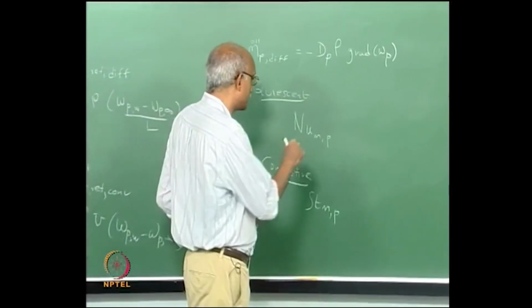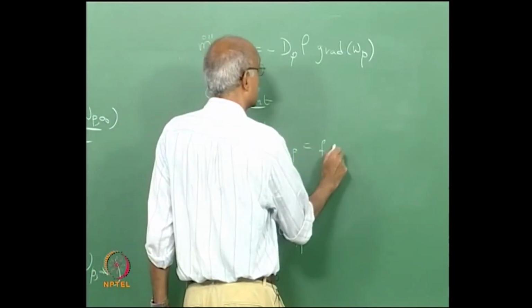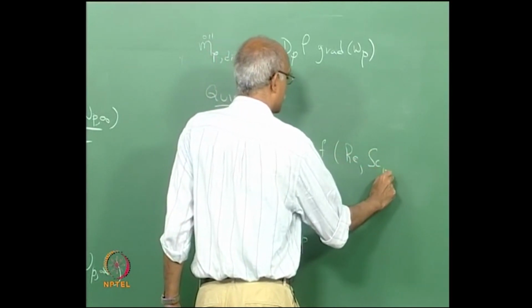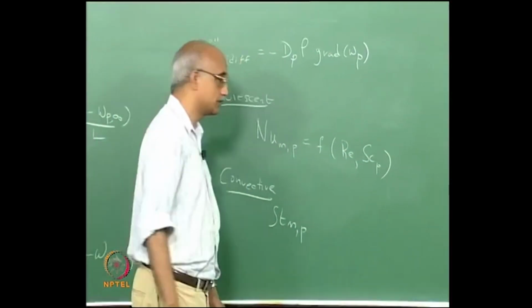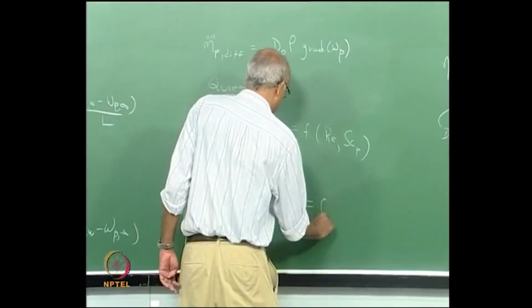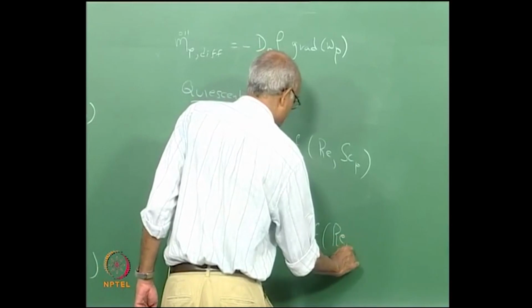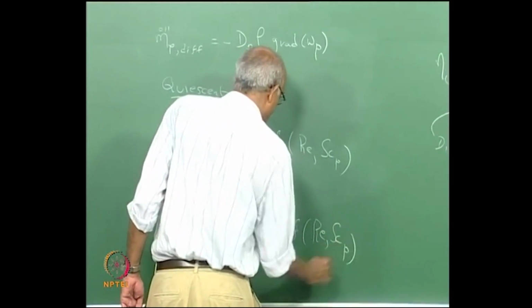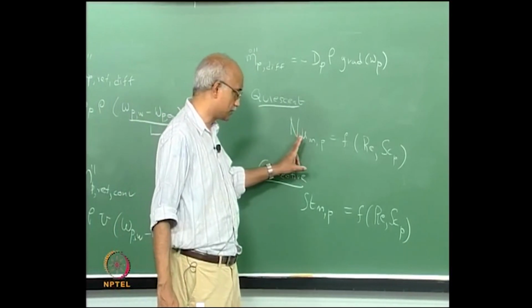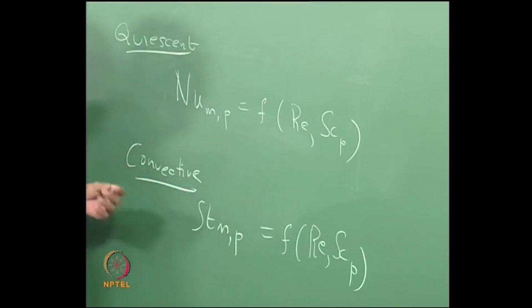It turns out that the Nusselt number is a function of primarily the Reynolds number and the Schmidt number of the particle. The Stanton number is also a function of the same two parameters, but the relative dependence is going to be very different in the two cases.